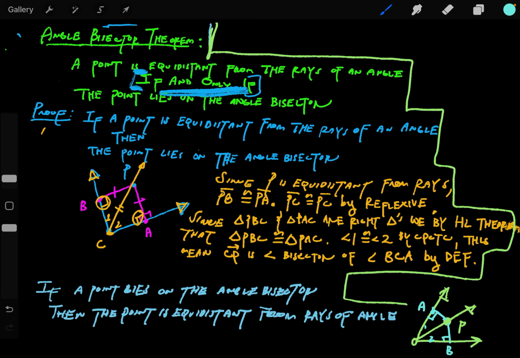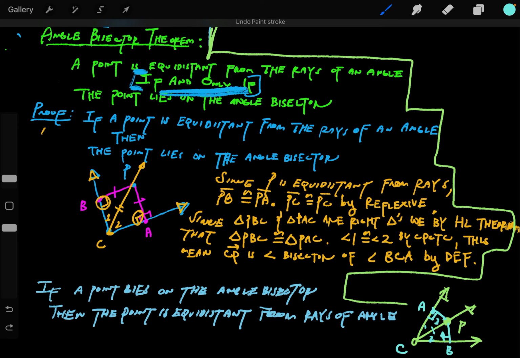And I know that this angle, let's call it 3, is congruent to 4 since they're both right angles. And if I call this point C, I know that CP is congruent to itself. So then by angle side, this triangle is congruent to this triangle, which means all their corresponding parts are congruent. So AP would be congruent to BP. That's the idea in this direction.